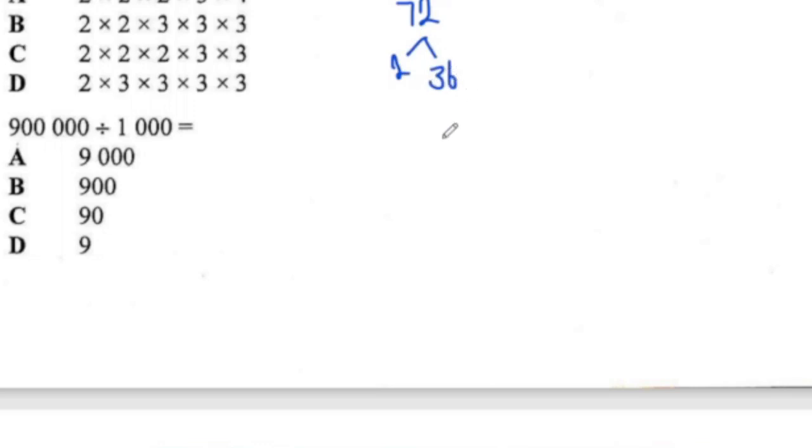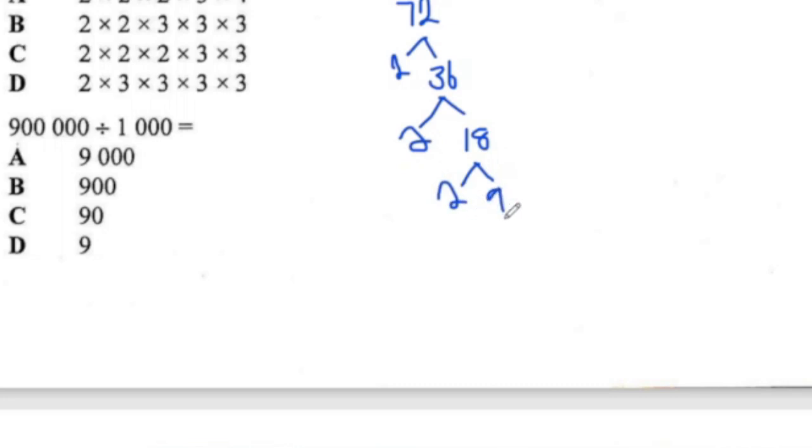Then we come to this one, which prime number can go into this? The smallest is 2 again. So how many times can it go? It's 18 times. The smallest prime number that can go into 18 is 2. How many times? 9.